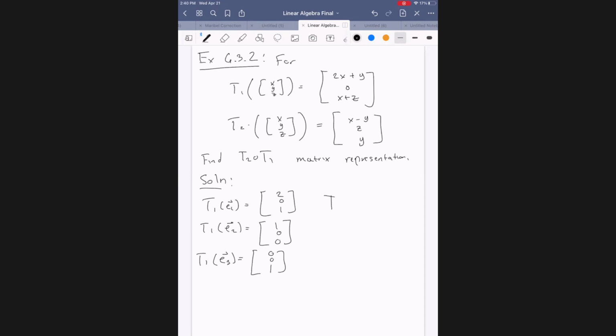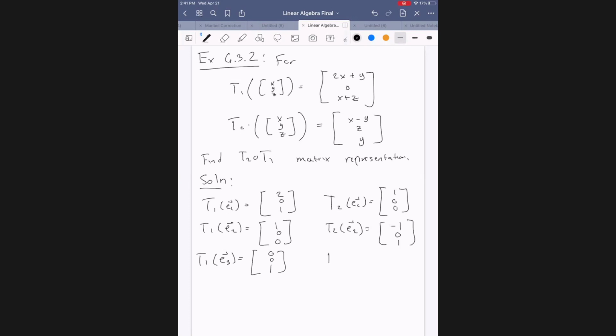Then T2 of E1 is 1, 0, 0. T2 of E2 is 0, 1, 0, plus minus 1, 0, 1, 0, 1.